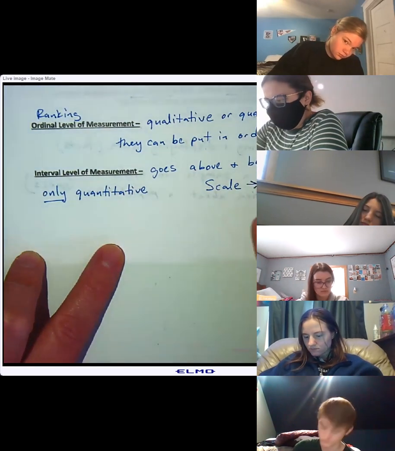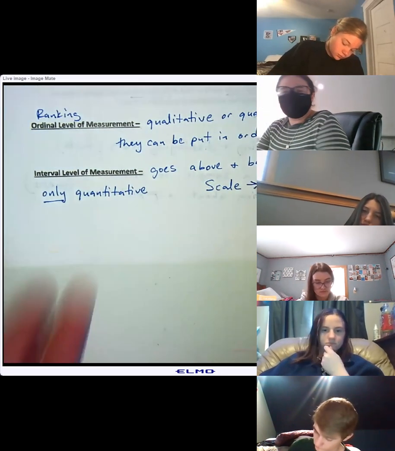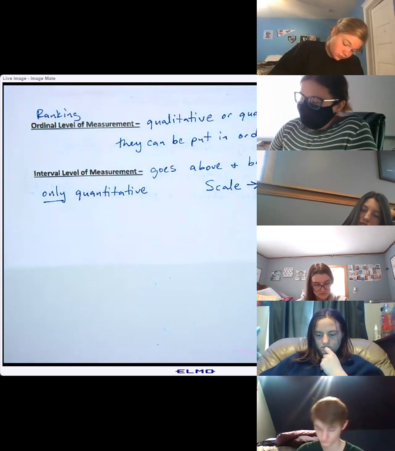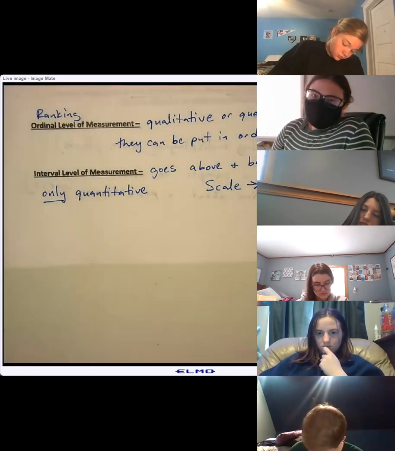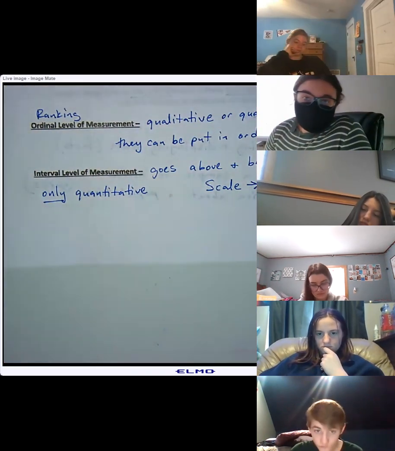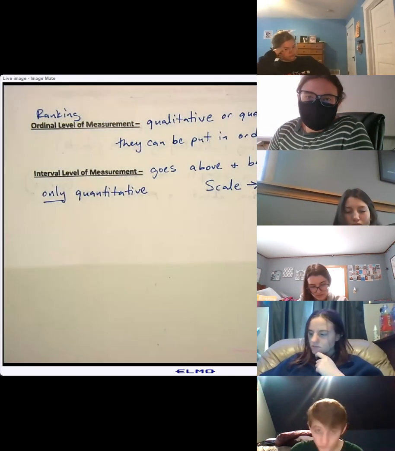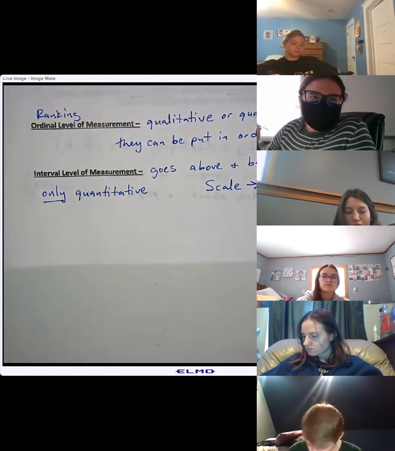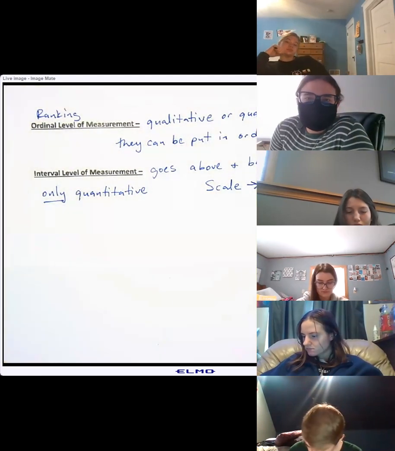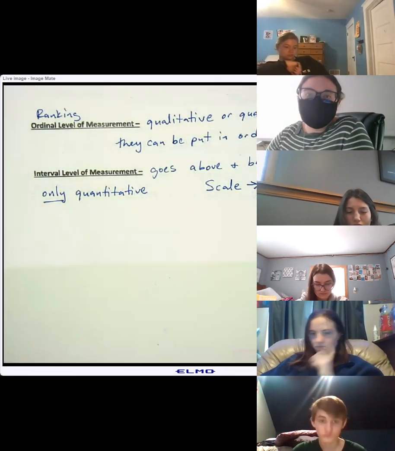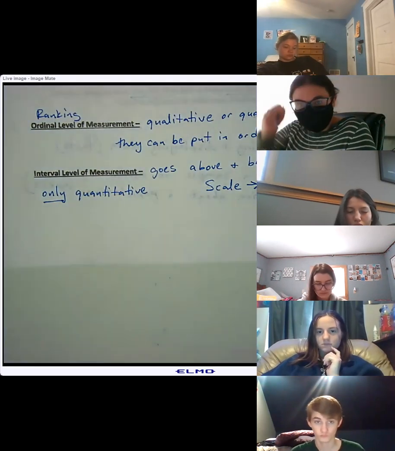So 0 is just on the scale. A good example of this is temperature, because if it's 0 degrees outside, you wouldn't say there is no temperature outside today. You would just say 0 degrees. A little bit colder is -1 degrees, a little bit warmer is 1 degree, right? It's just on the scale.